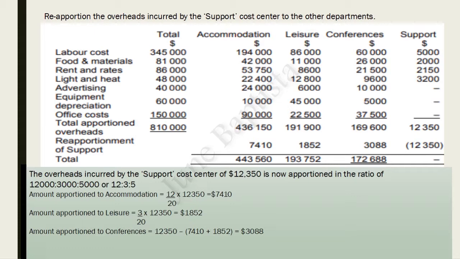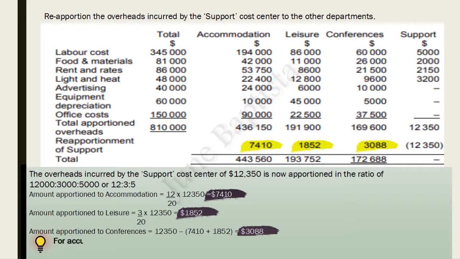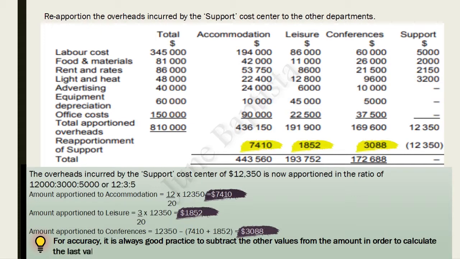Therefore, the amount apportioned to accommodation is $7,410. The amount apportioned to leisure is $1,852, and the amount apportioned to conferences is $3,088. For accuracy, it is always a good practice to subtract the other values from the total amount in order to calculate the last value.